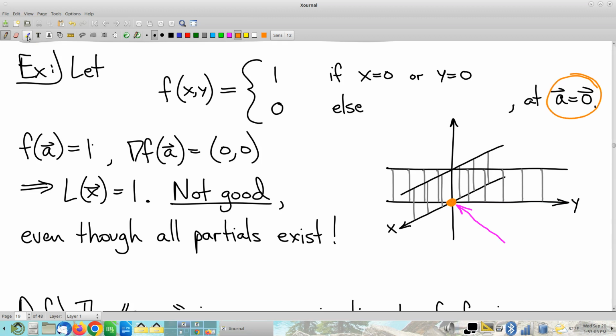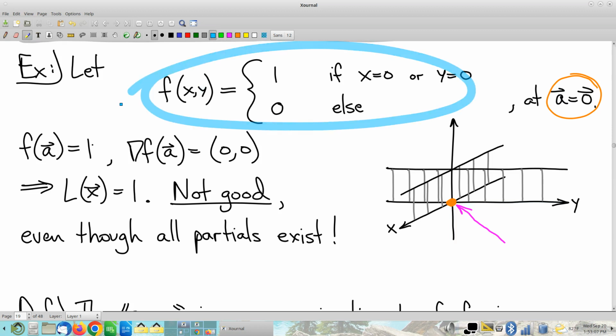Well, the value of the function, everywhere on this purple line, neither of the coordinates is 0. The value of the function itself is 0. What is the value of my linear approximation? As I move along this same line, it is 1.